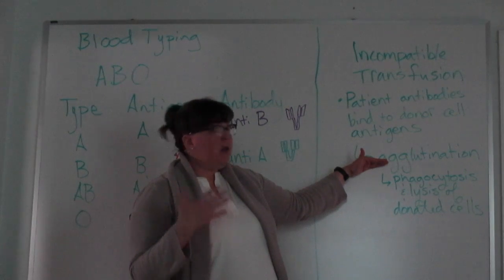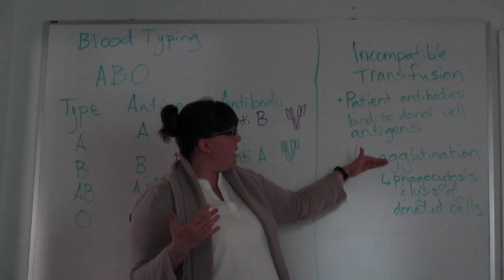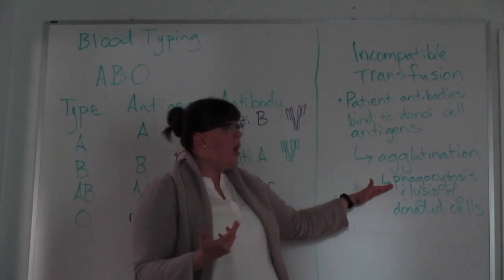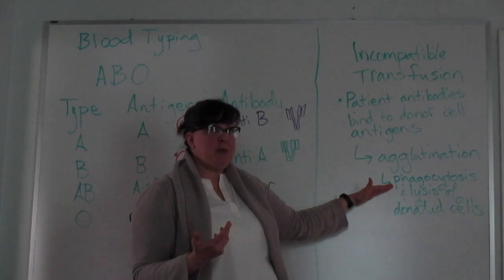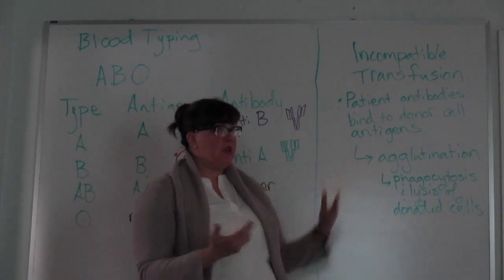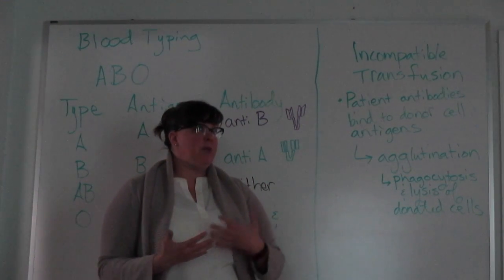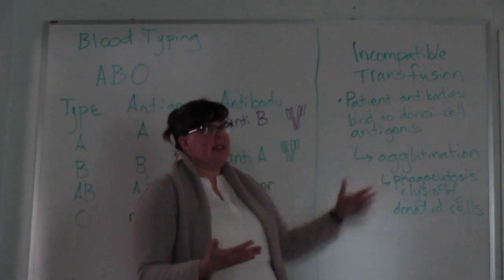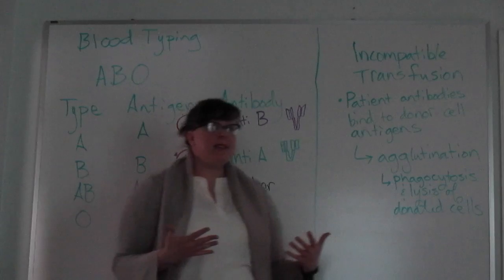Agglutination is going to lead to a number of problems. One problem is that these clumps are very attractive to macrophages. And so the donated red blood cells will be phagocytized, and that's going to result in hemolysis, lysis of the donated red blood cells.